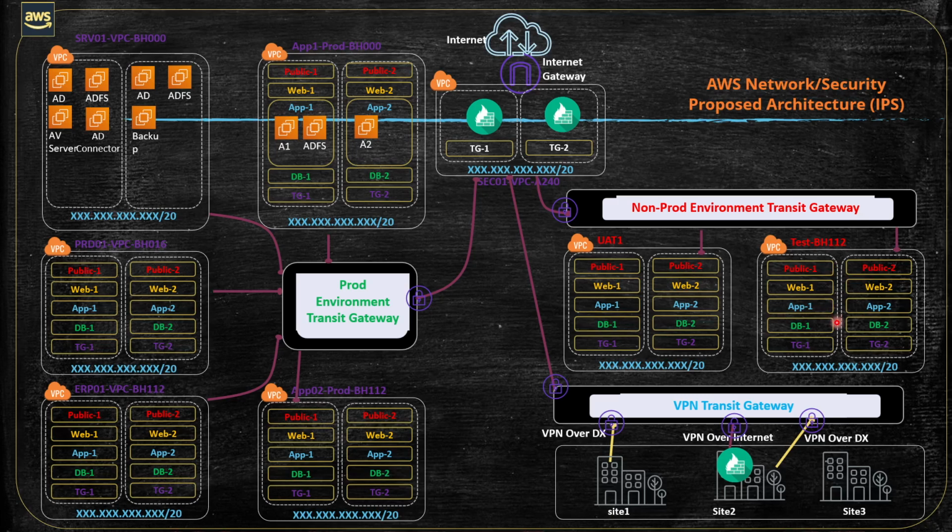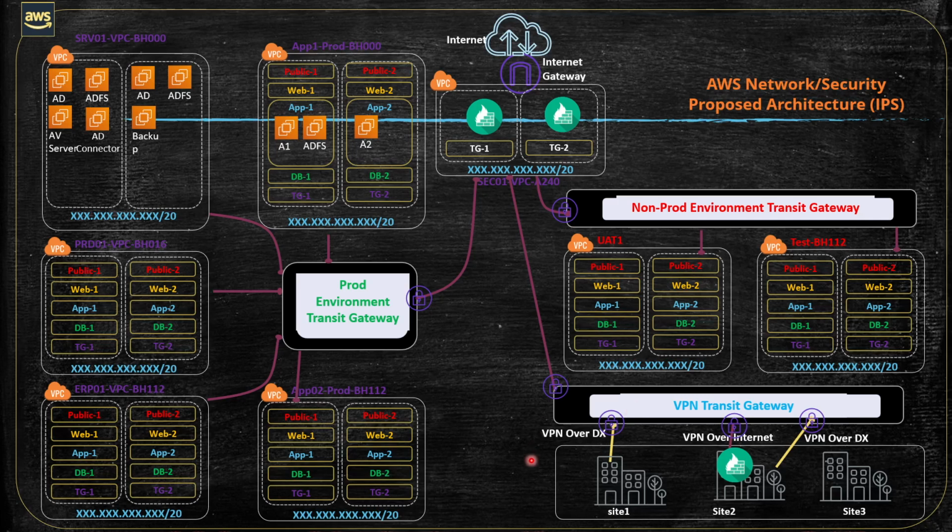If any malware gets deployed here and compromises the network, it should not spread to your production environment. So isolating your network through the transit gateway is the main purpose.